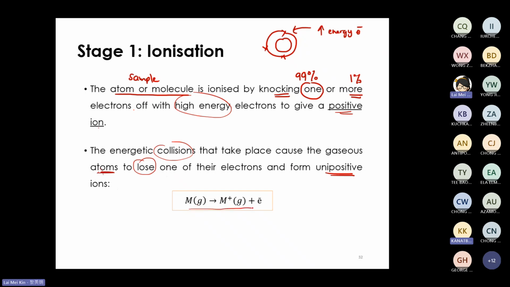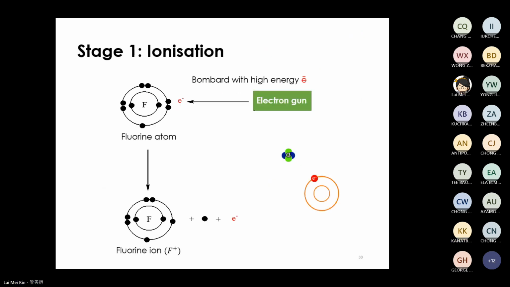So this is the sample I gave just now. I have a gaseous sample. I remove 1 electron. 99% of the time is 1 electron. And I form a positive ion. Always positive ion. You can see this sample here, bombarded with high energy electron.